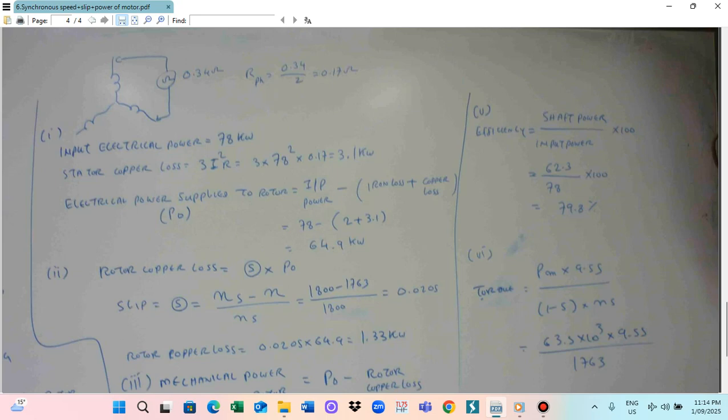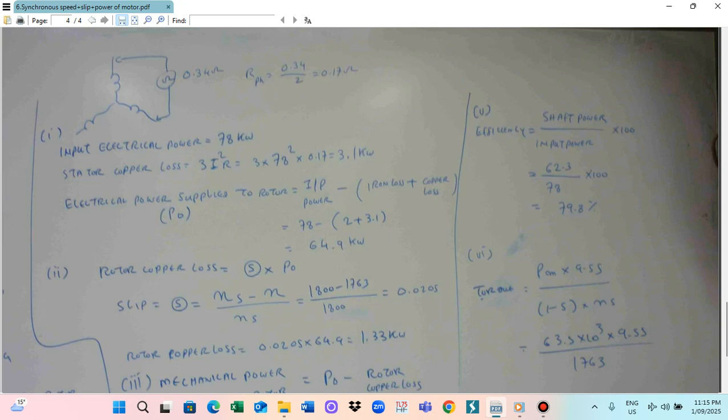What you have to do is that the input electrical power is given as 78 kilowatt. So the input minus the power loss, the stator copper loss. But this is for the 3-phase winding, so the stator copper loss is 3I squared R. Stator input power minus 3I squared R gives the active power supplied to the rotor.